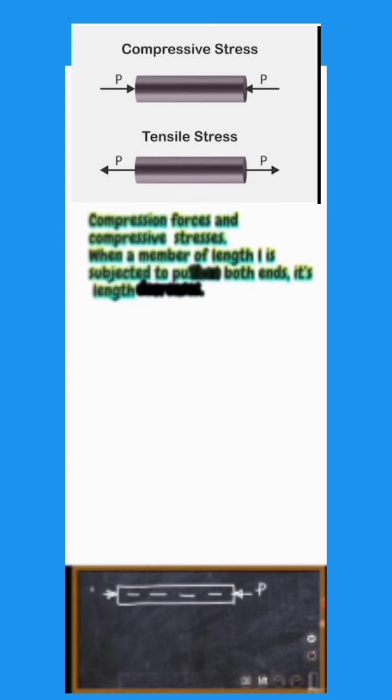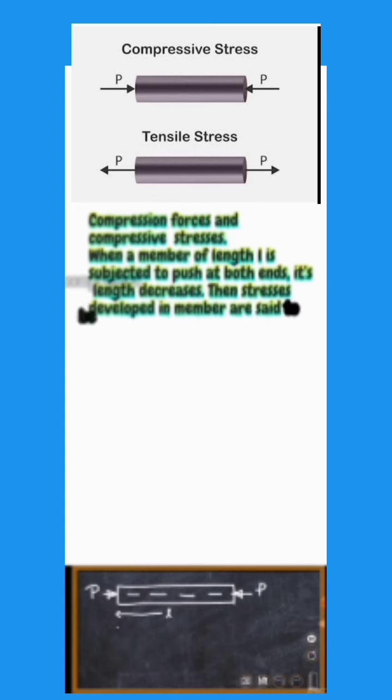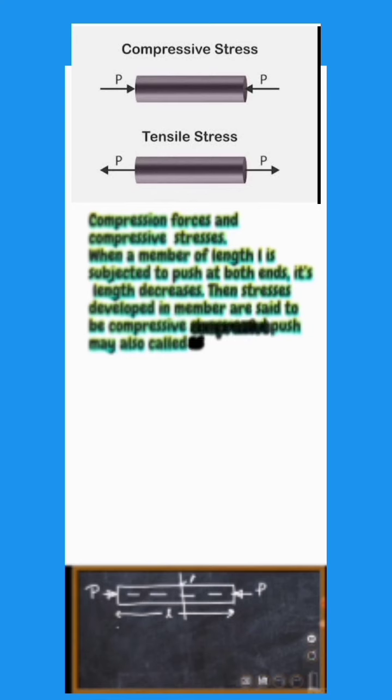Compression forces and compressive stresses. When a member of length L is subjected to push at both ends, its length decreases. Then stresses developed in member are said to be compressive stresses. And push may also be called compressive force or compression.